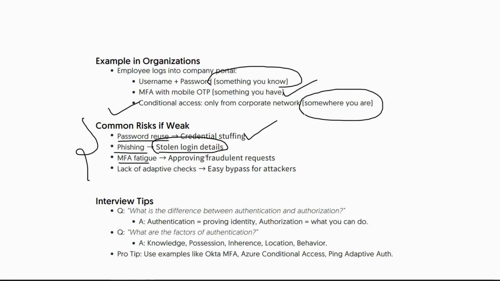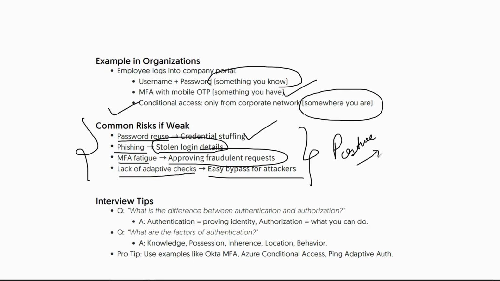Let's say at night, suddenly you get a prompt at midnight and you just approve it. So approving a fraudulent request and lack of adaptive checks make it an easy bypass for attackers. These are some of the risks, because eventually whatever system we are building, we are primarily improving the security posture every day.